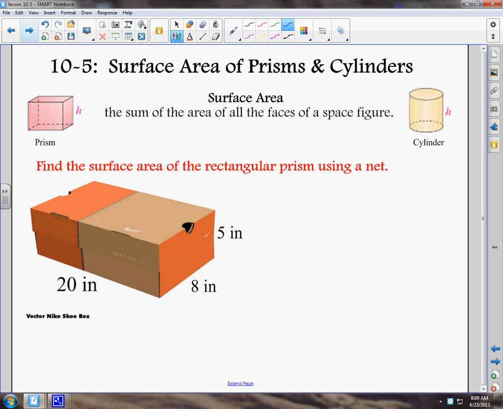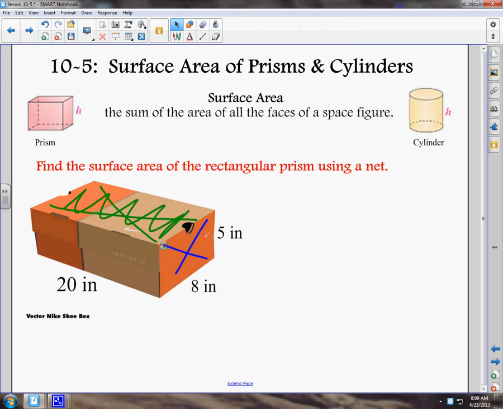So one way I like to do it is to figure out, okay, on this box there are three different sides. There is this side, and then there's the back, so that has a match. And then there is this side, the green, and then there is the black. Each of those has a matching side on the other side of it.